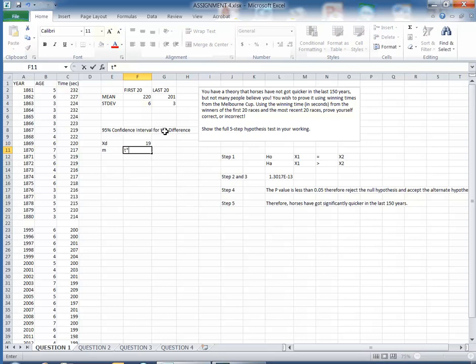times the square root of S1 squared divided by N1 plus S2 squared divided by N2. T we get from the T table, where we use the degrees of freedom from the smaller sample size.